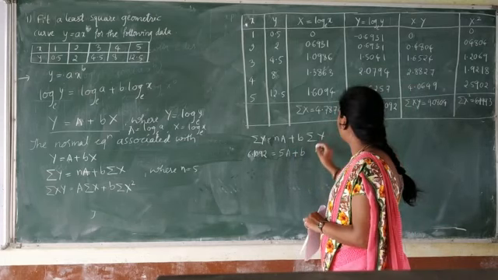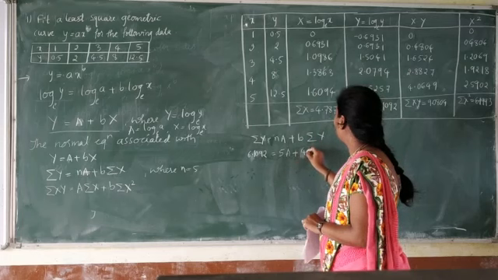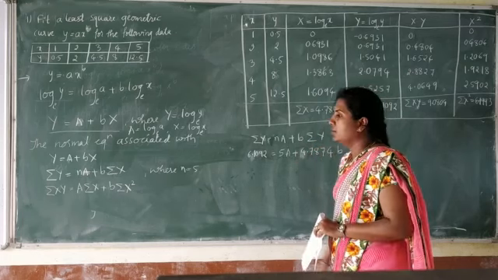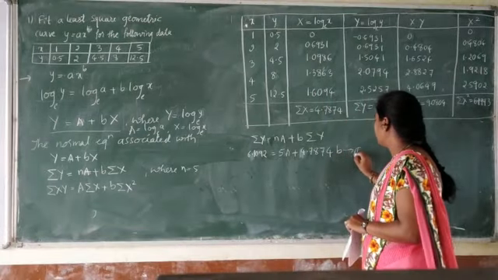Summation of x is 4.7874, so 4.7874B. Consider this as equation 1.